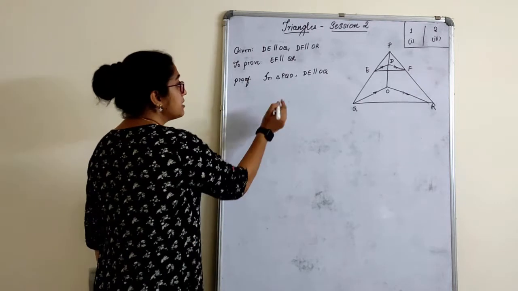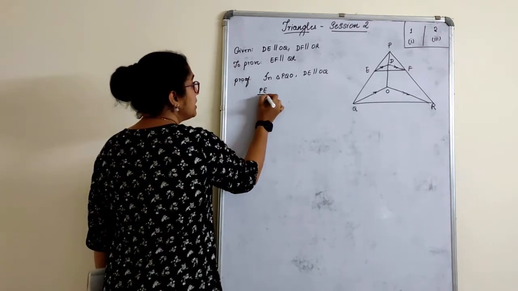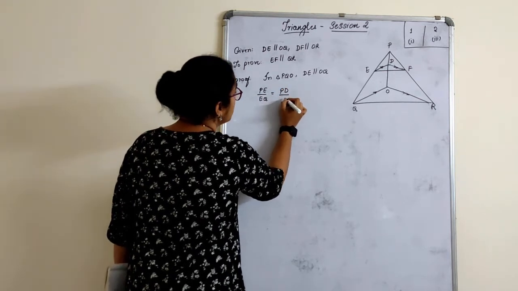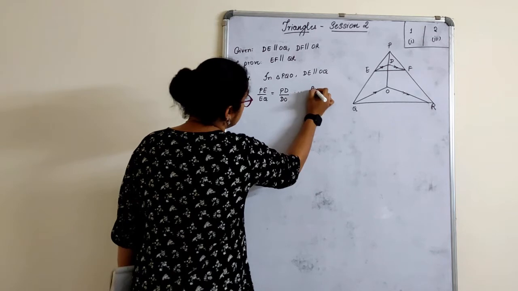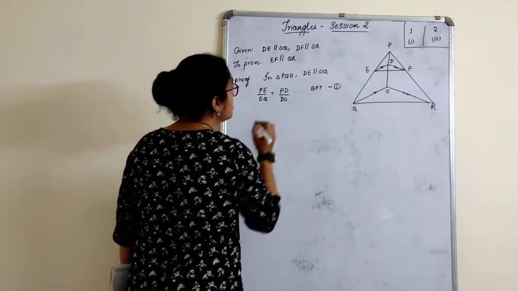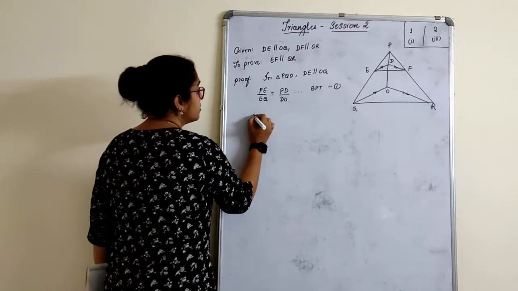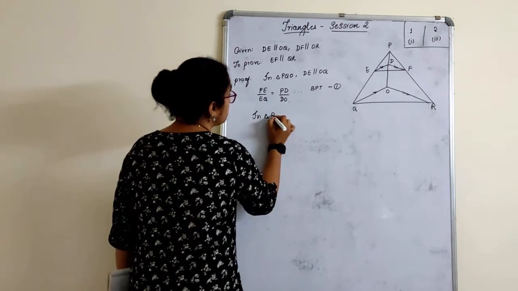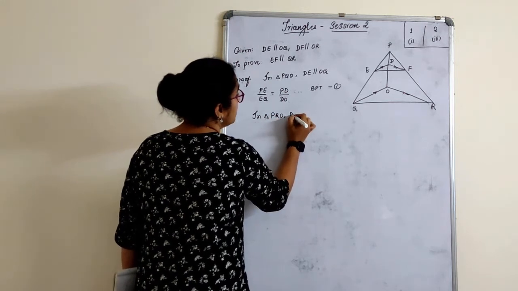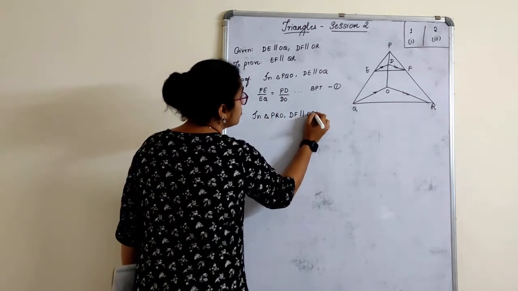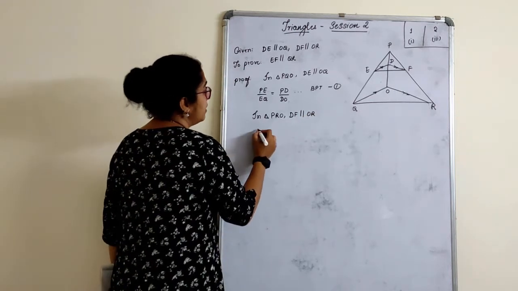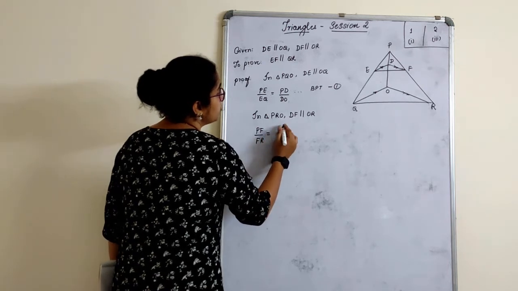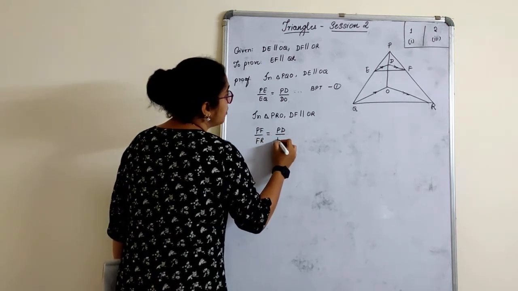So DE is parallel to OQ, right? If that is parallel, how do we write it? PE upon EQ is equal to PD upon DO. Reason: BPT, equation 1. Similarly, come to the next triangle. In triangle PRO, what is parallel? DF is parallel to OR. Since it is parallel, I can say that PF upon FR is equal to PD upon DO.